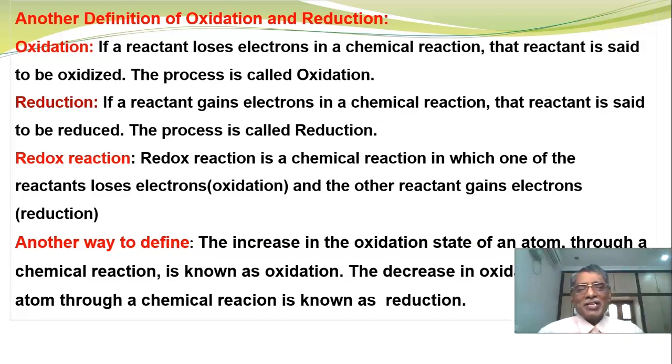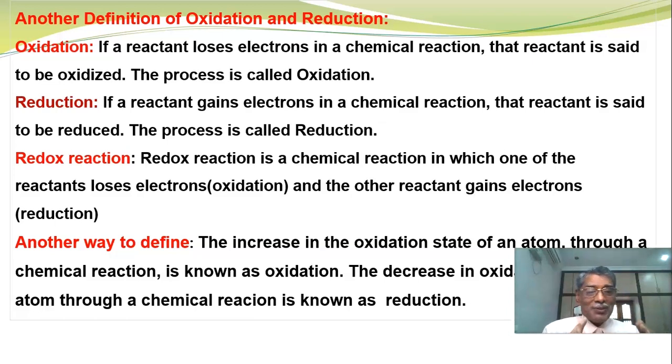Now, redox reaction. Redox reaction is a chemical reaction in which one of the reactants loses electrons, that is oxidation, and the other reactant gains electrons, that is reduction.